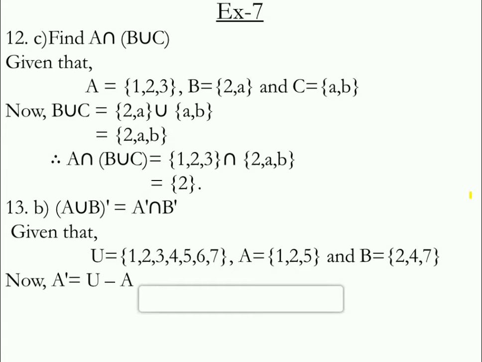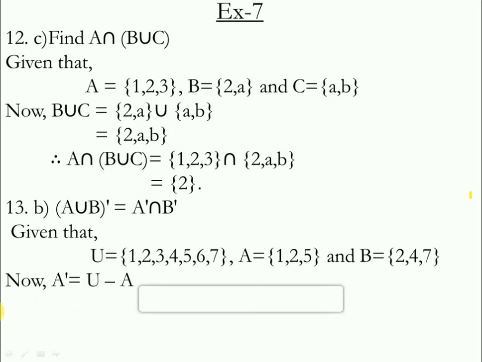At first, let us find what A prime or A complementary is. I've already said if we exclude the set A from the universal set, that should be A complementary. So U difference A is A complementary.